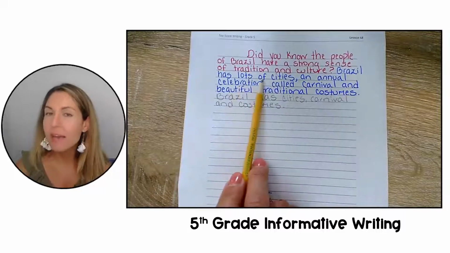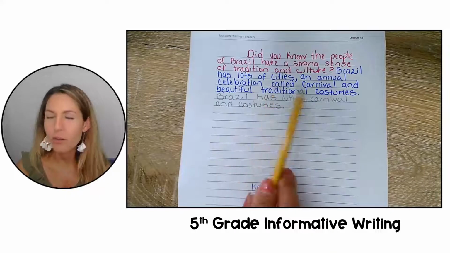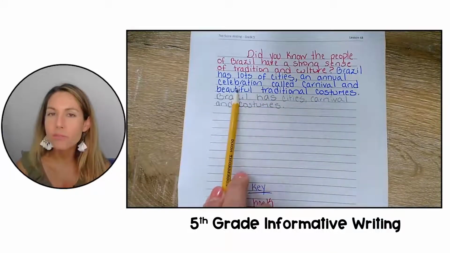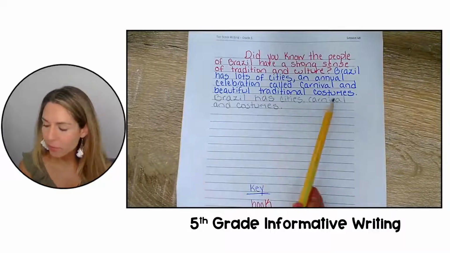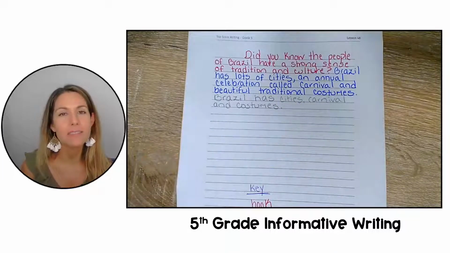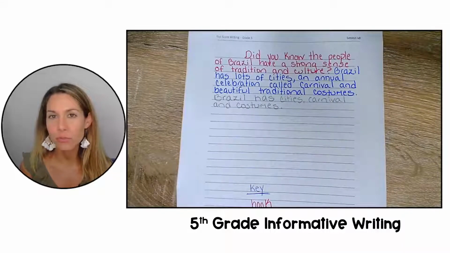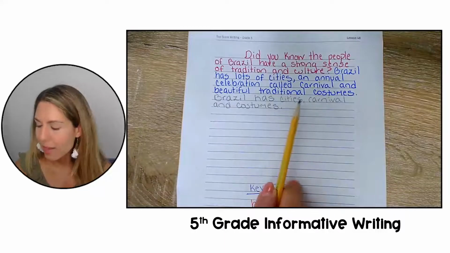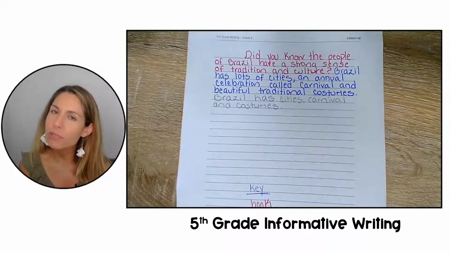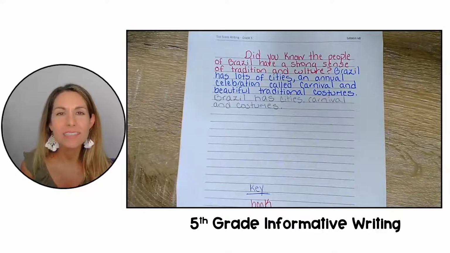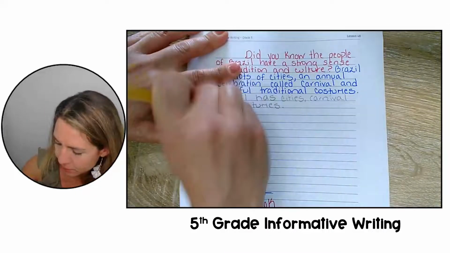Brazil has lots of cities, an annual celebration called Carnival, and beautiful traditional costumes. Now, by adding a couple of words to each of our topics, our sentence now flows and sounds right. It sounds more pleasing to the reader. So please remember, you cannot just take your 3 topics and write them in a list. You're going to need to add some words so that the sentence sounds correct. I'm going to go ahead and erase that non-example.